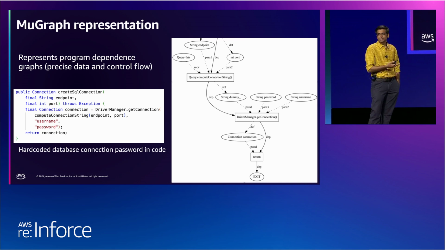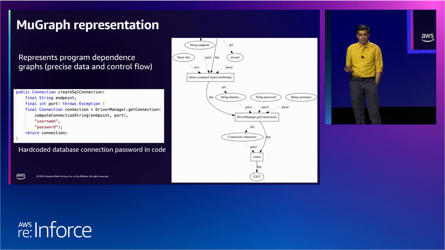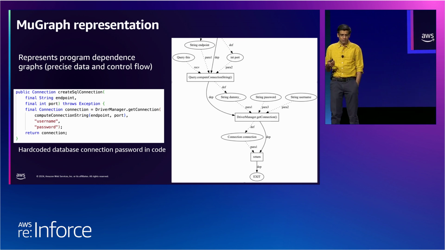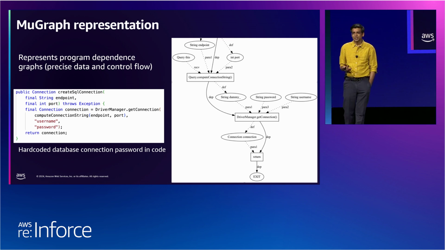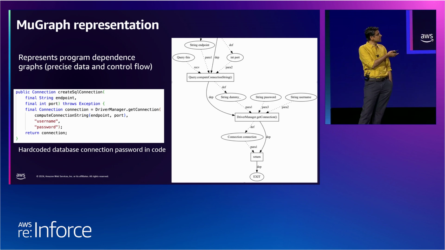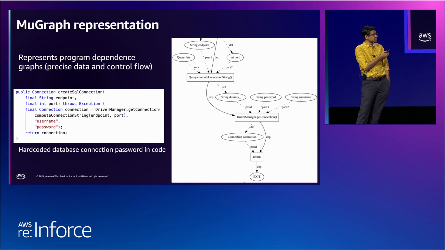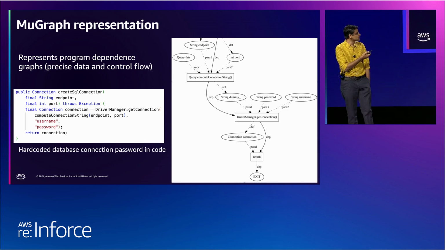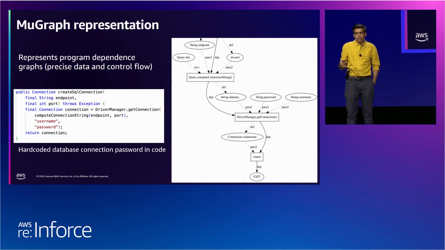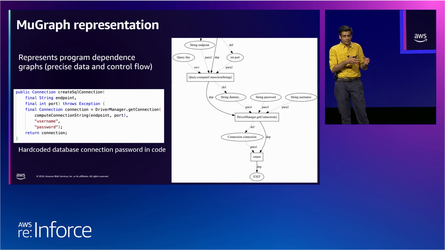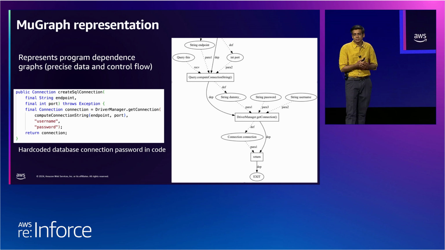And we see that there is an incoming definition edge to this connection object, which indicates that this object is obtained by the value that is returned by the get connection API. On the same lines, there is an outgoing parameter edge that is connecting this connection object to the return action in the graph representation, which is an indication that the return statement in this method is actually returning this connection object.